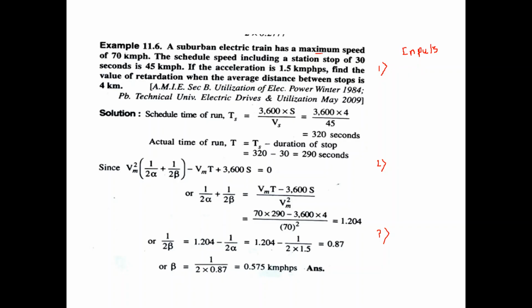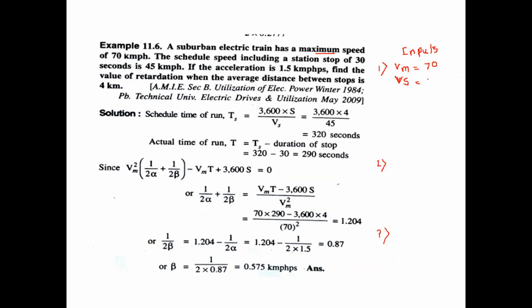here, maximum speed. You can see here maximum speed is given. So Vm is given, it is 70 kilometer per hour. The scheduled speed including a station stop of 30 seconds. So Vs is also given, that is the average speed. And what is the equation for Vs? We'll see. I will write this value, it is 70 kilometer per hour. Please take care of the units.